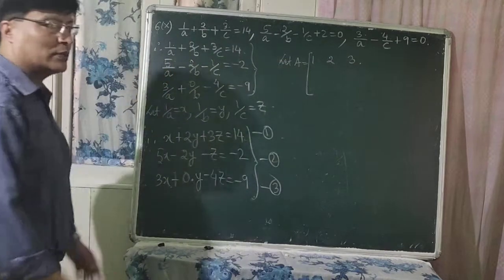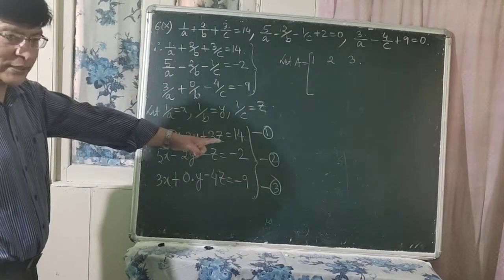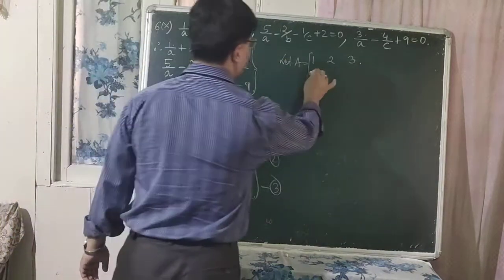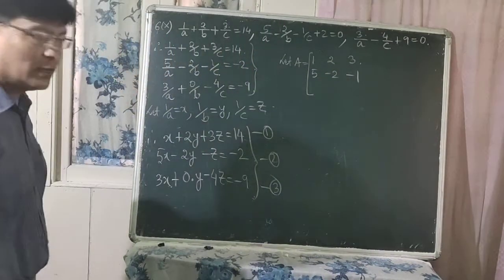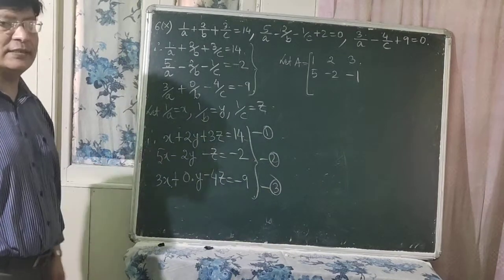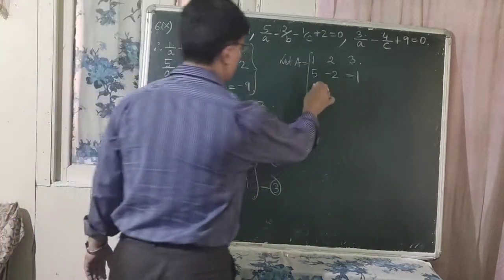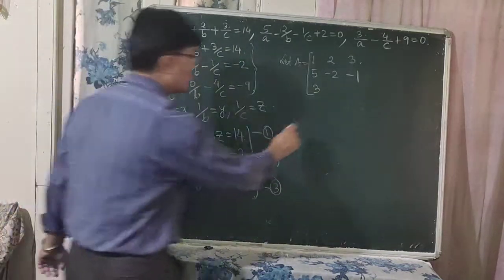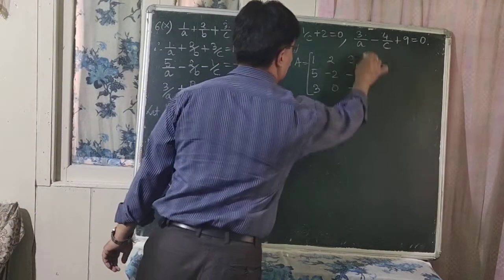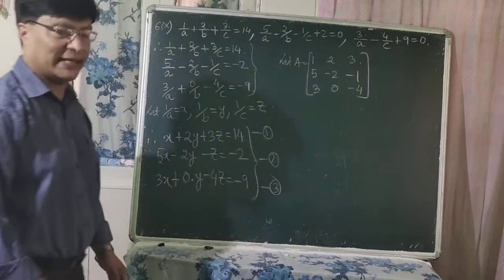In equation 2, they are 5, minus 2, minus 1. And in the third equation, they are 3, 0, minus 4. This is the matrix A.